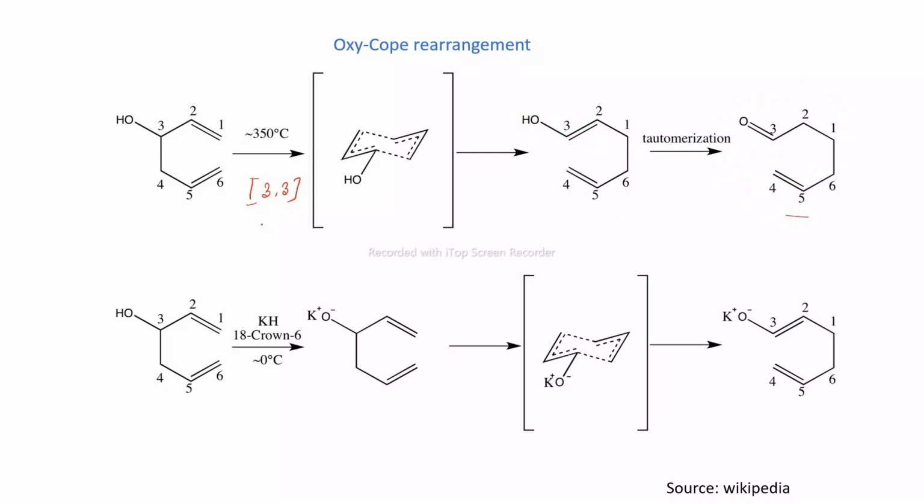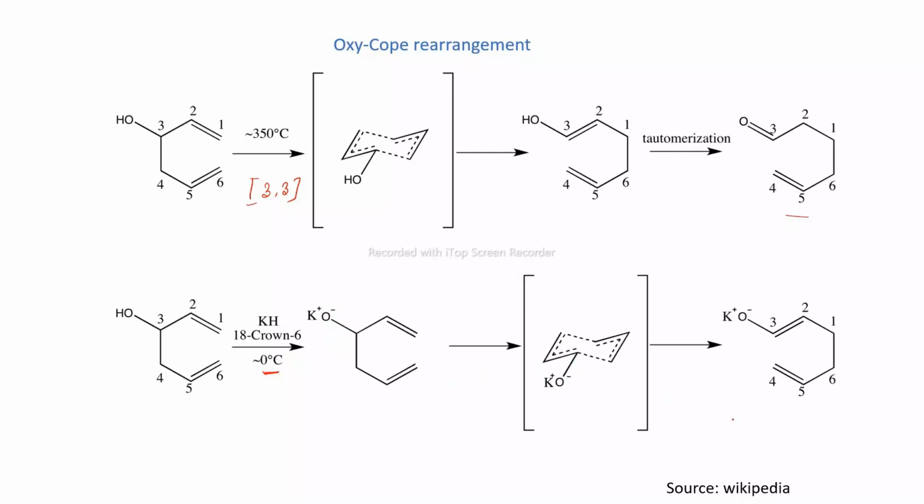But there is another thing: if we somehow generate the carbanion in this reaction using potassium hydride and 18-crown-6, the reaction will be much faster, and we can perform it at room temperature, even at low temperature, 0 degrees centigrade, and the reaction time will also be less, because this carbanion will stabilize the transition state.